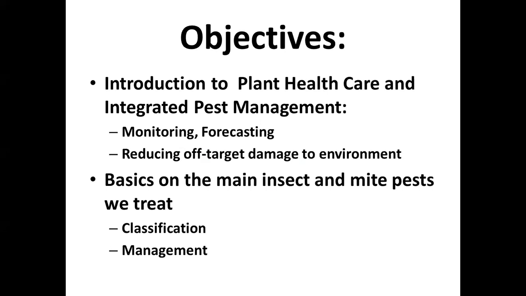So we're not just going out there willy-nilly spraying chemicals on stuff. There's an intentionality and a science, a process to it. And that whole process continues to evolve over time to reduce the environmental impact of what we're up to. And then I'll go through the basics of the main insects and mites.